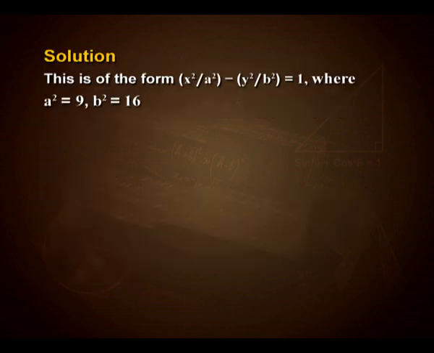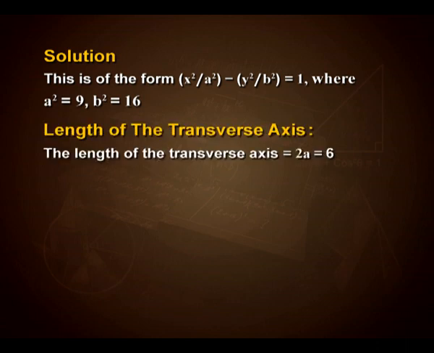For the solution, we can see that this is of the form x square upon a square minus y square upon b square is equal to 1, where a square is equal to 9, b square is equal to 16. Now, the length of the transverse axis is 2a, that is equal to 6.